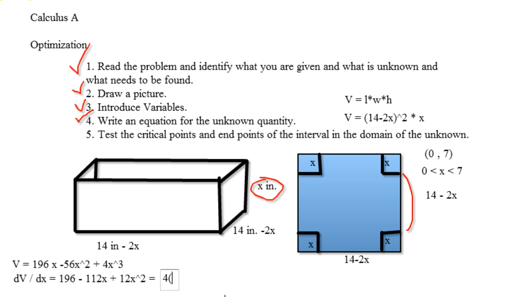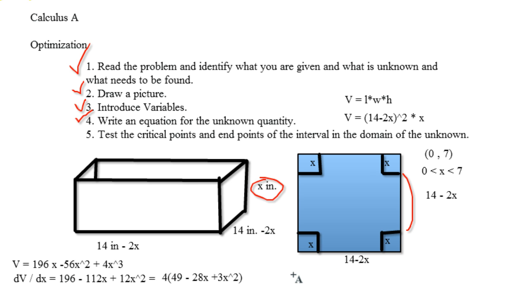For those of you at home wondering how you know you can divide out 4: if the last two digits are divisible by 4, you can divide out a 4. So it would be 49 minus 28x plus 3x squared.